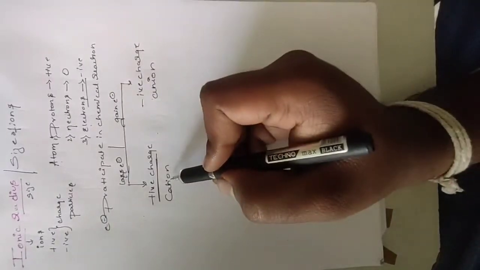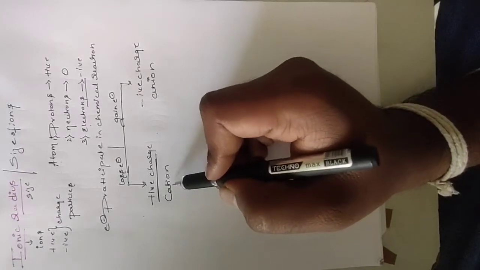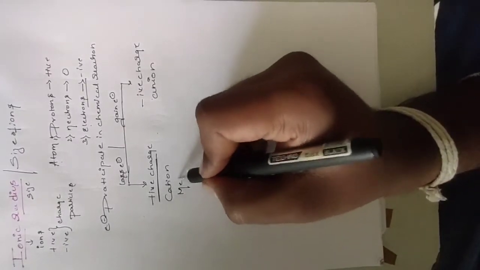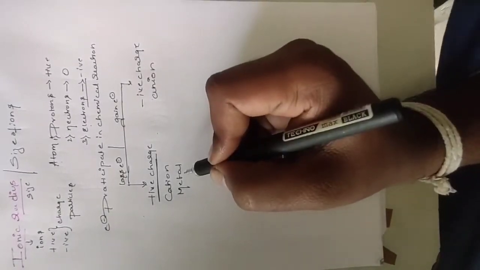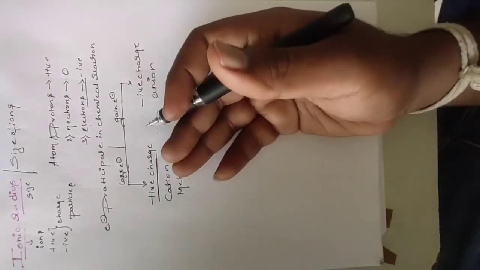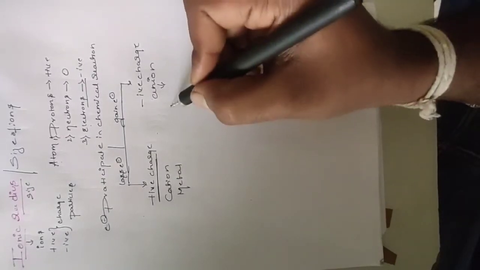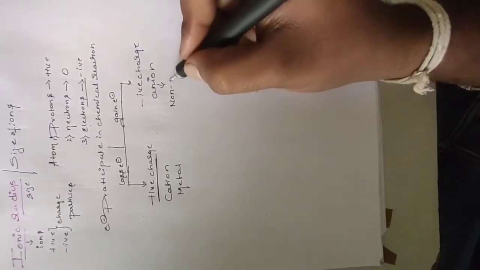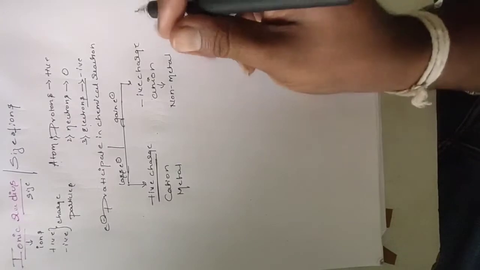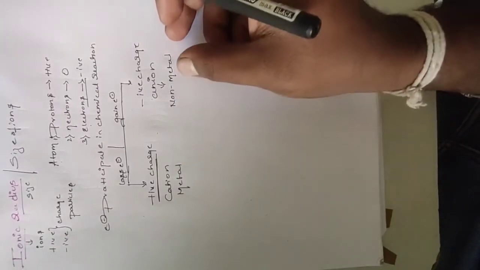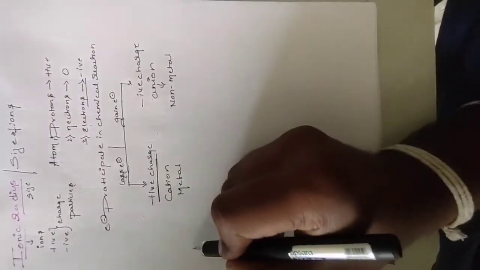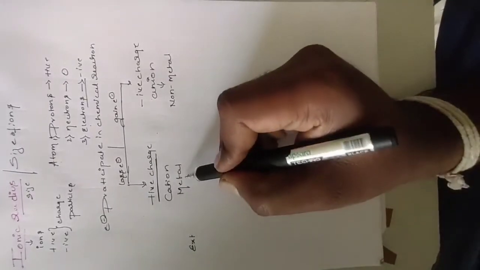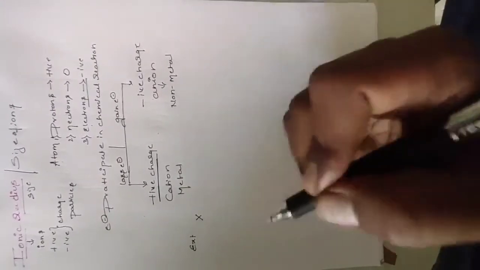Cation means positive charge, and it must be a metal. The metal every time loses electrons. Similarly, non-metals generally gain electrons. For example, take a metal atom X, first in a neutral state.